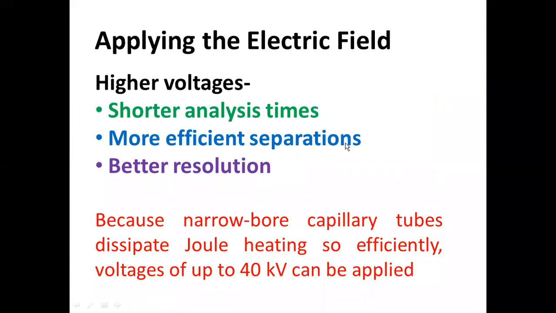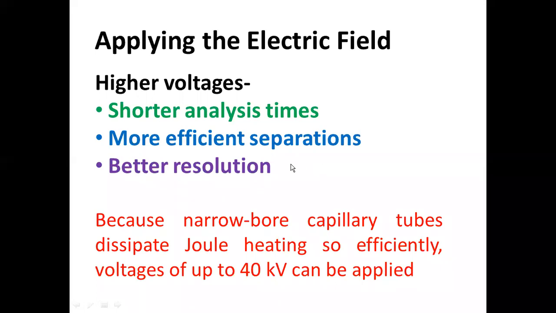And we can apply 20 to 40 kilovolts of potential, because higher voltages are always required in order to reduce the analytical time, since the migration time for each individual solute can be reduced. As a result of the reduced migration time, the analytical time is also reduced. And the efficiency, the value of n, will become more if the value of V is high.